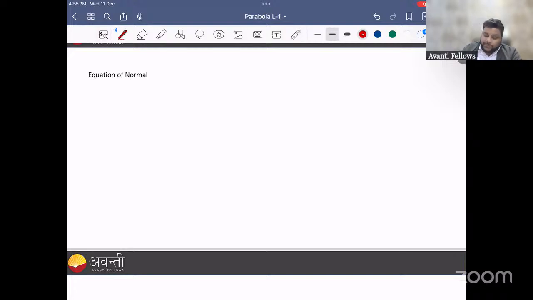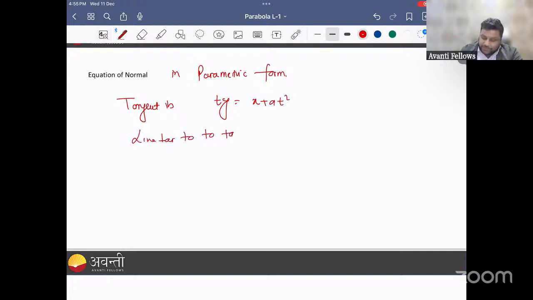First case. Now, in parametric form, tangent is what? Tangent is ty equals x plus at square. Now, line perpendicular to tangent is what? Tx plus y equals lambda.